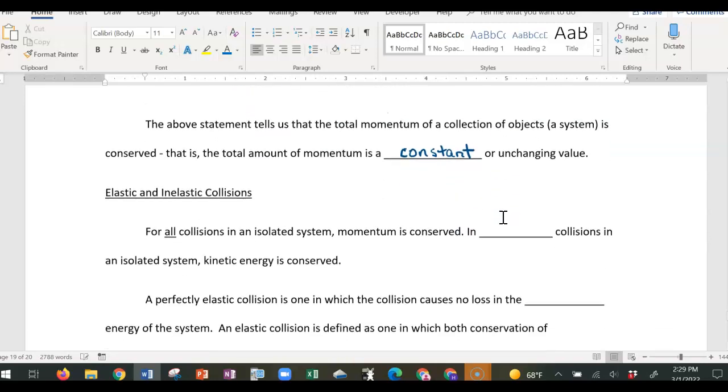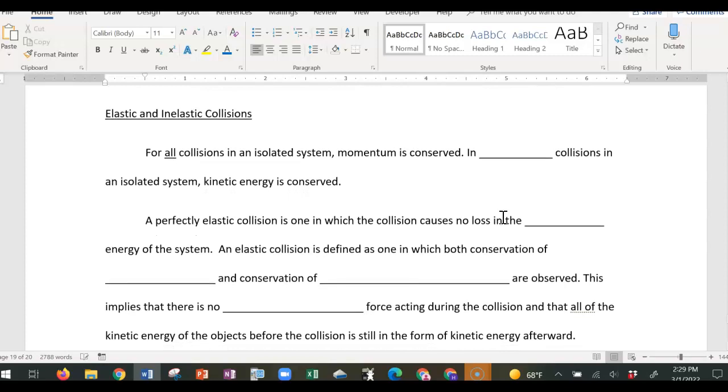Okay, let's give a little more description of elastic and inelastic collisions. For all collisions in an isolated system, momentum is conserved. In some collisions in an isolated system, kinetic energy is conserved.